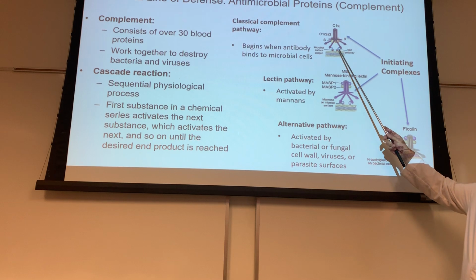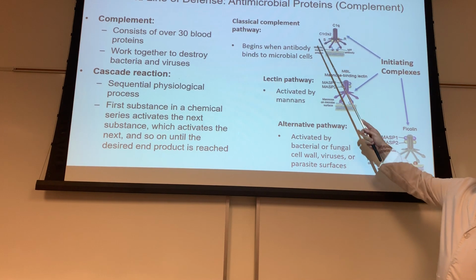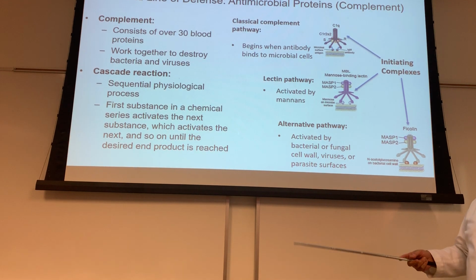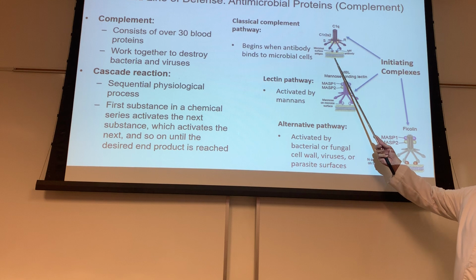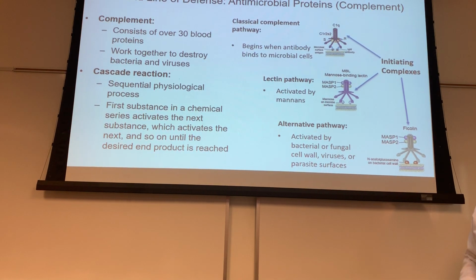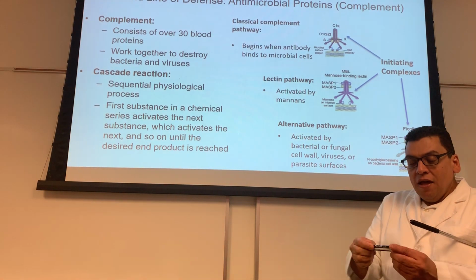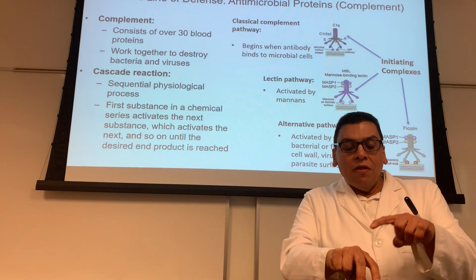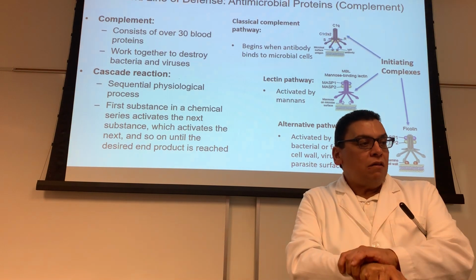How do you kill it? You start by producing what's called the initiating complex. You're producing a bridge between the bacteria and the C1. The antibody is the bridge. So you've got the bacteria, the antibody, and then the C1. Without the antibody, the C1 has nothing to grab onto.